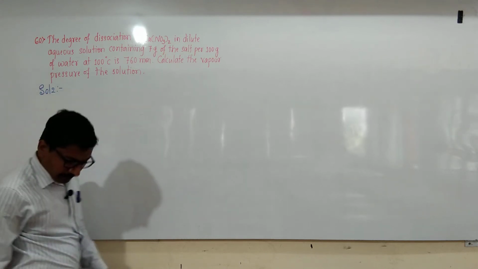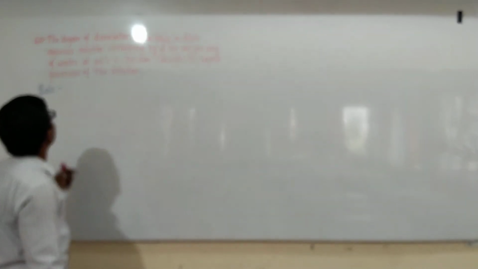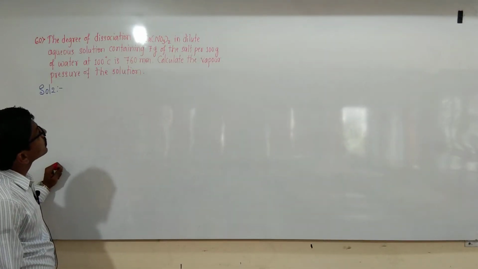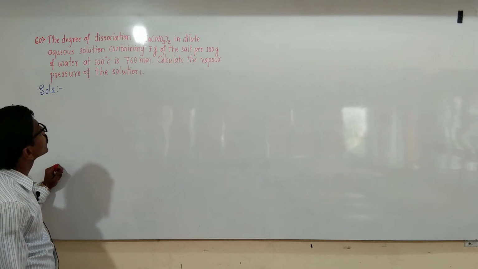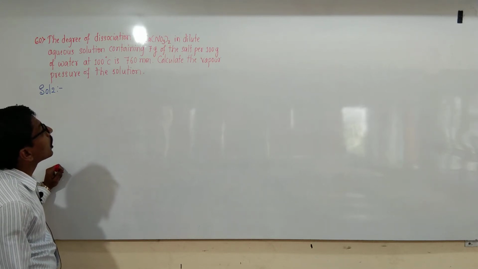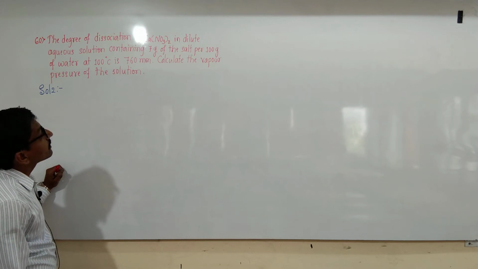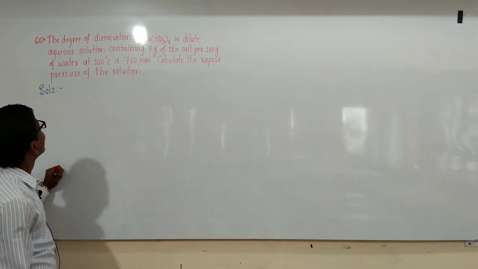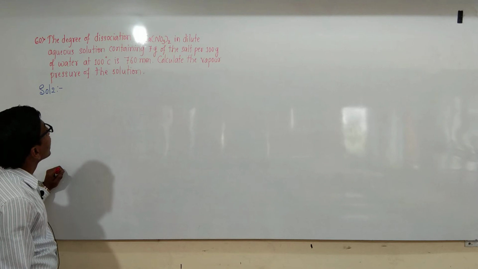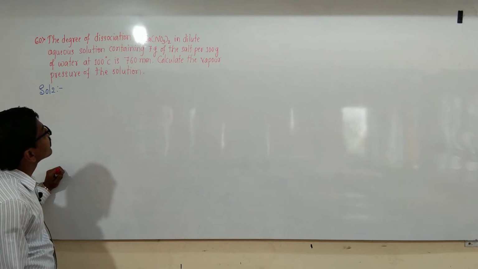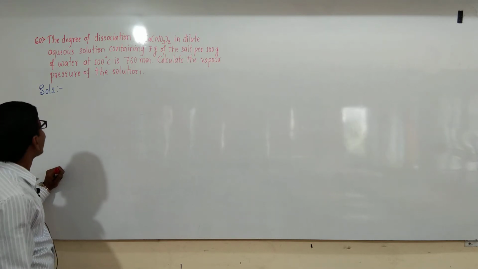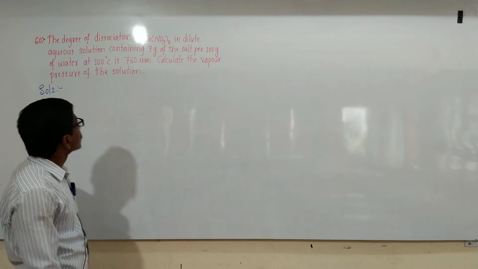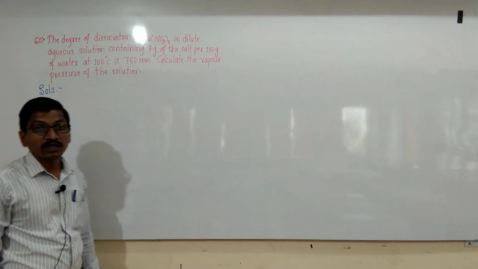Observe carefully in this problem, degree of dissociation of calcium nitrate in dilute aqueous solution containing 7 gram of the salt per 100 gram of water at 100 degrees Celsius is 760 mm. Calculate the vapor pressure of the solution. Here vapor pressure is to be calculated.